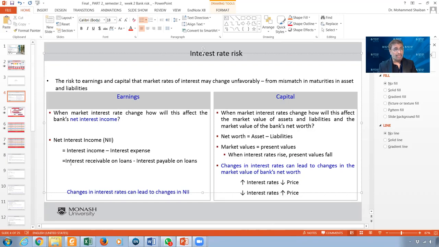The interest income is interest receivable on loans, and the interest expense is the interest payable on deposits or payable on loans. Now, changes in the interest rates can lead to a change in the net interest income.